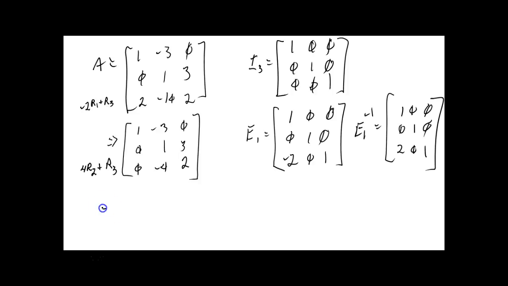All right? And we're not doing anything to row 1, 1, -3, 0. Not doing anything to row 2, 0, 1, 3. But what's our new row 3? 0, 0, 14.